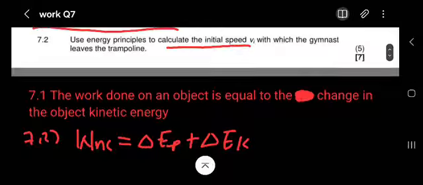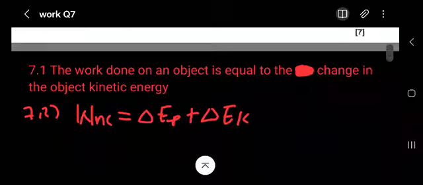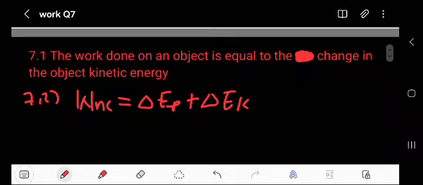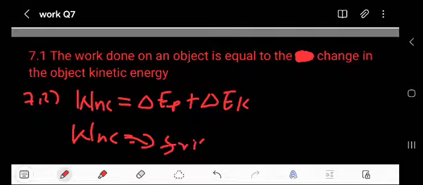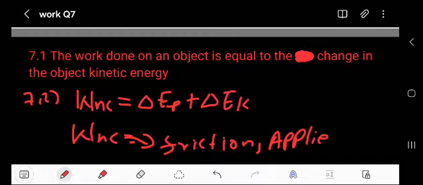So let us expand this formula. Wnc stands for non-conservative force. Non-conservative forces are forces like friction, applied force and tension force.